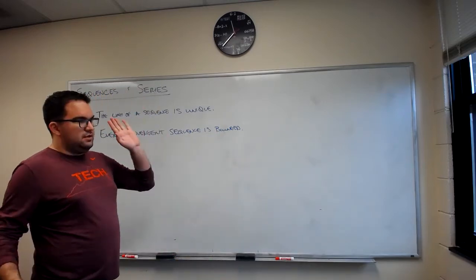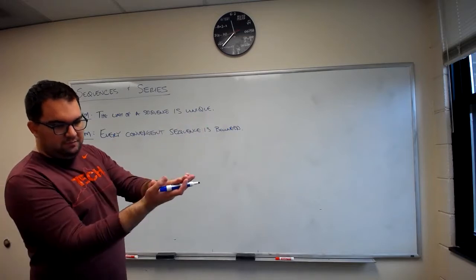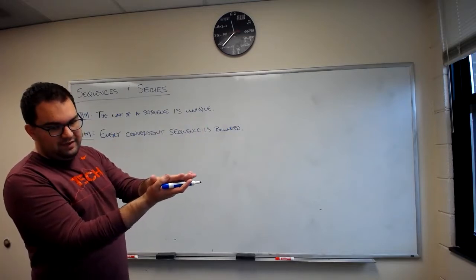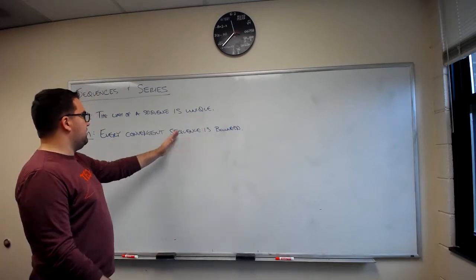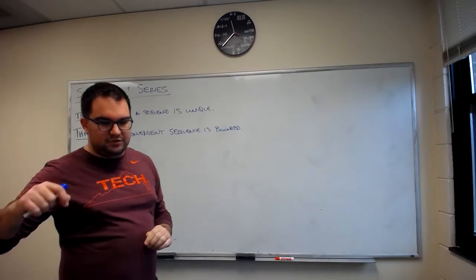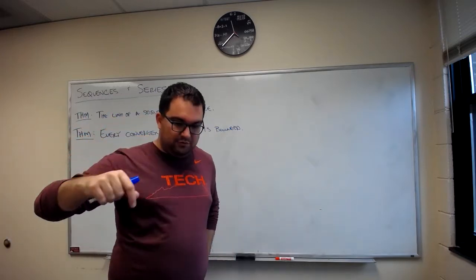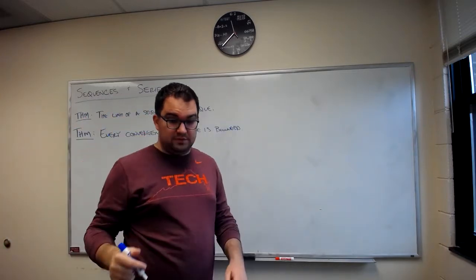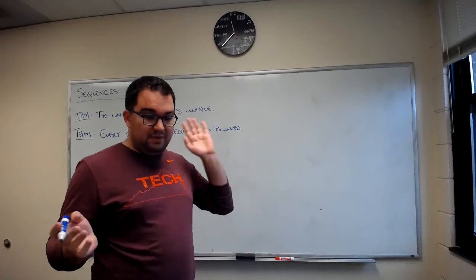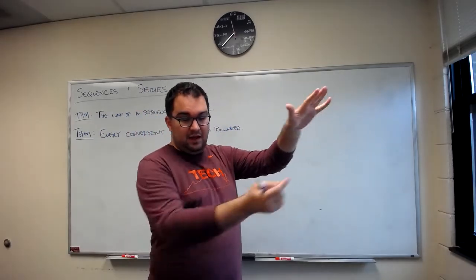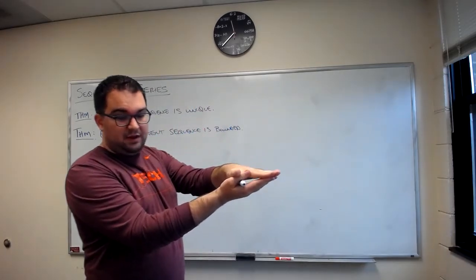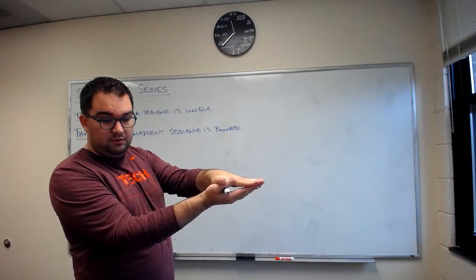So if I know that going out far enough, I'm within, say, distance 1 of L, okay, then if I look at all the earlier terms, well, they're all individually finite values. So the first n terms are whatever they happen to be. And then beyond capital N, I could, for example, control my sequence to make it always be within 1 of L. Okay?